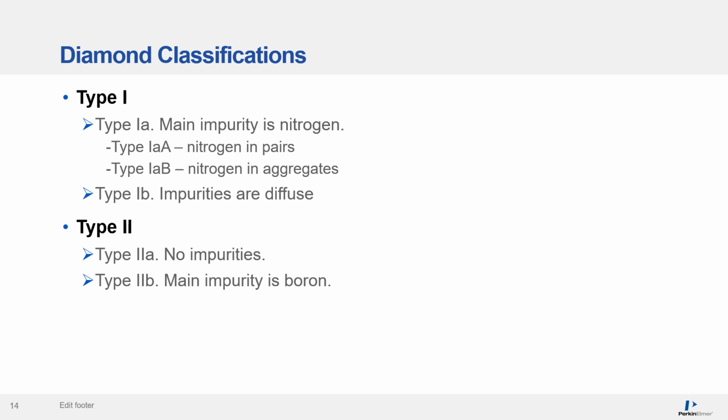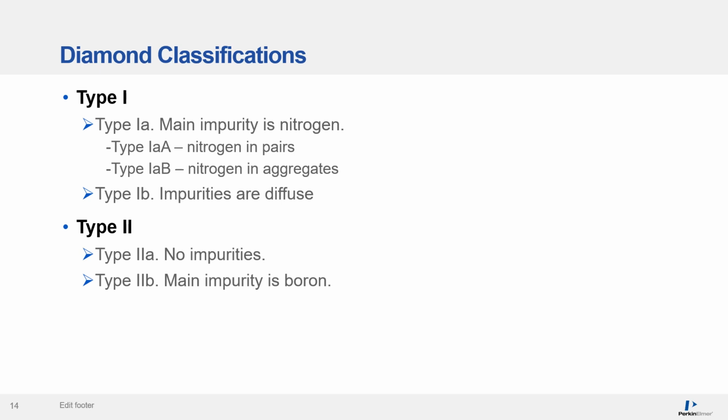Diamonds can exist in many different forms, either natural or synthetically grown. The forms are separated into two different types, type 1 or type 2. Each of these types can be further subclassified. Type 1A make up about 95% of all natural diamonds. In type 1A diamonds, the main impurity is nitrogen.